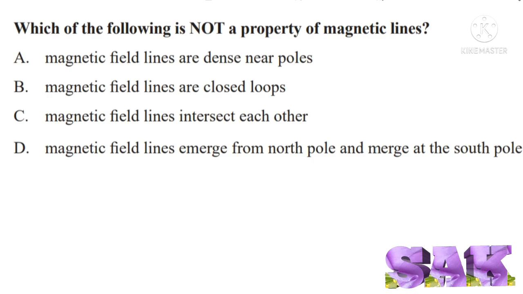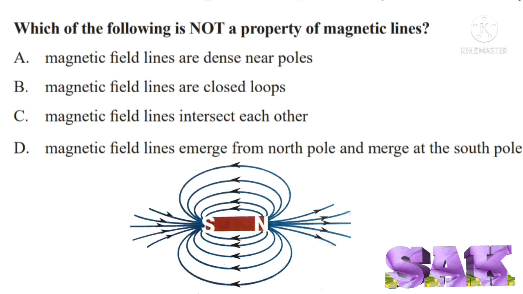Next question is, which of the following is not a property of magnetic lines? Let us answer this question by observing magnetic field lines. Option A, magnetic field lines are dense near poles. Yes, as we are seeing in the image, this is the property of magnetic field lines. According to option B, magnetic field lines are closed loops.